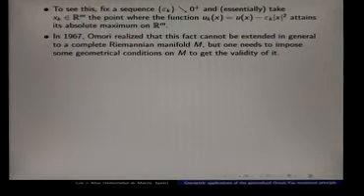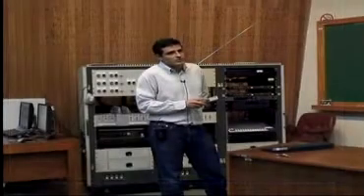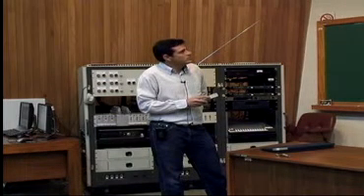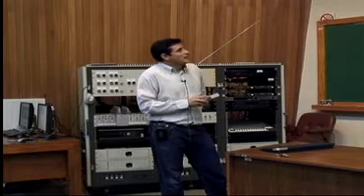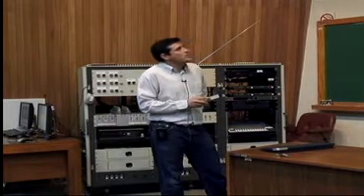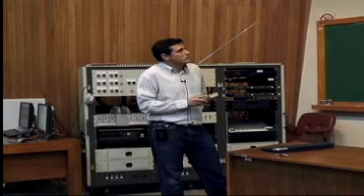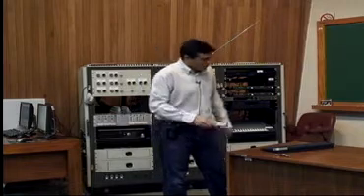In 1967, Omori realized that this property is not true for a general complete Riemannian manifold, and he found explicit examples of metrics on R^2 which are complete and do not satisfy this condition. But one needs to impose some geometrical conditions on M to get the validity of that property.